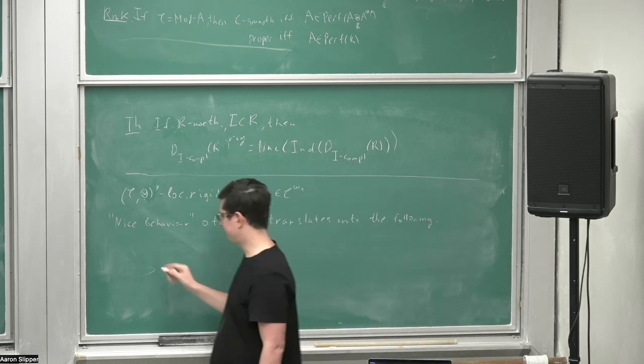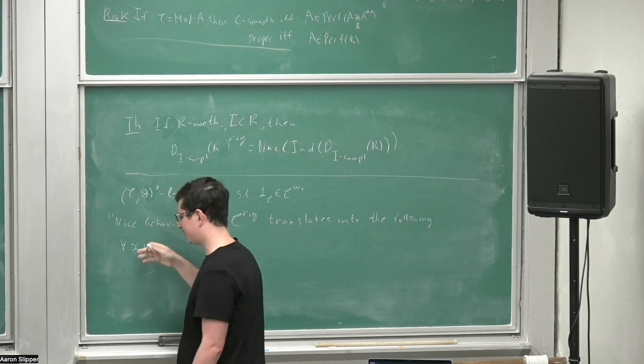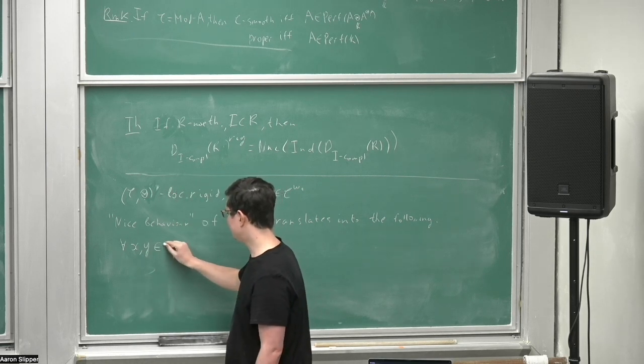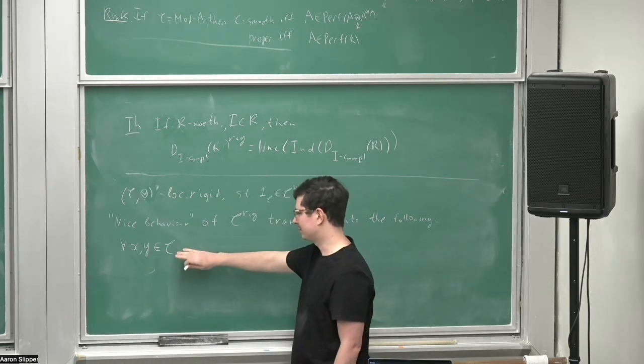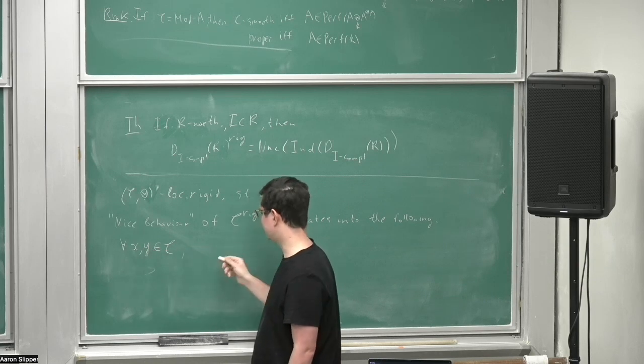I will write a formal statement and then explain the intuition. For any pair of objects of C, let's not put any nice conditions on them, we take the following.